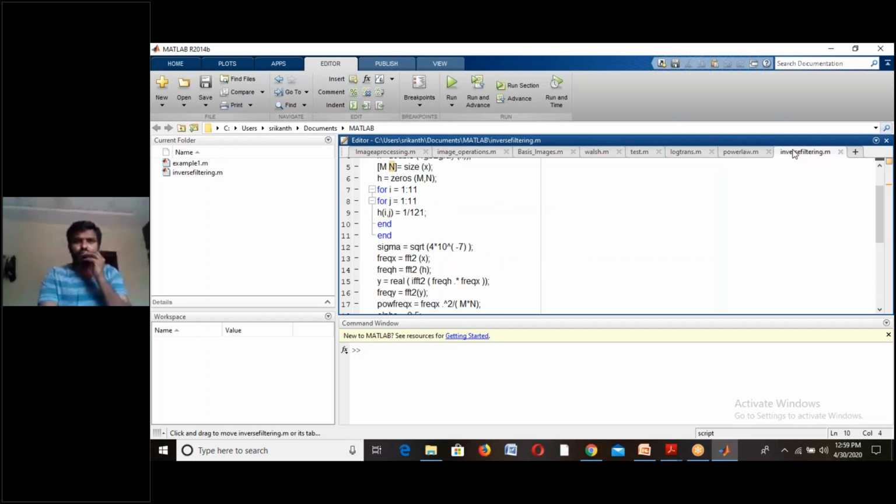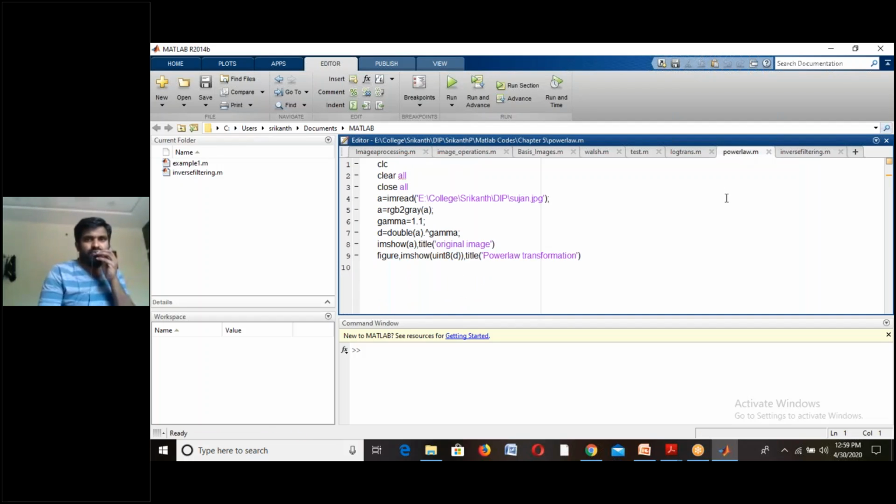If you are interested, I'm going to share all the slides and even all the programs here. Please try in MATLAB. Why? Because it is a practical oriented subject. By going through the theory alone, you cannot understand the complete subject. You need to try and implement by taking real-time images. Here I have taken my son's image and tried it.